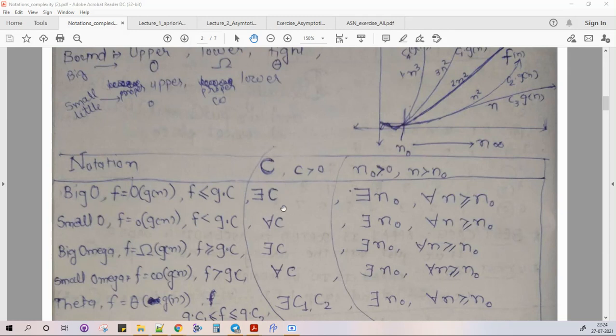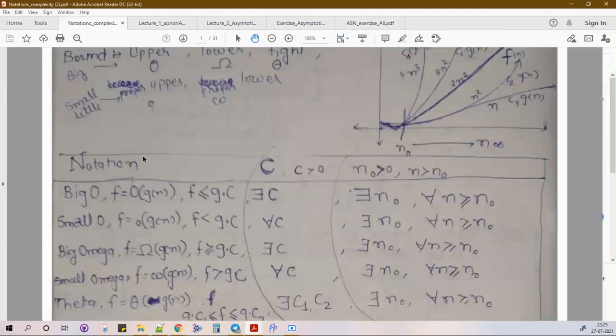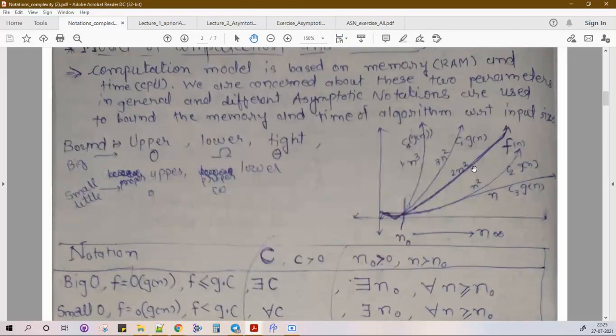If I find at least one value of c, such that after n0, for some value of n0, I need to find one limit, after that my function is less than g multiplied by c, for all n greater than or equal to n0. Okay, that was a mouthful.